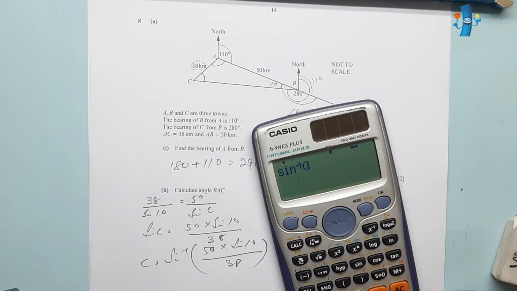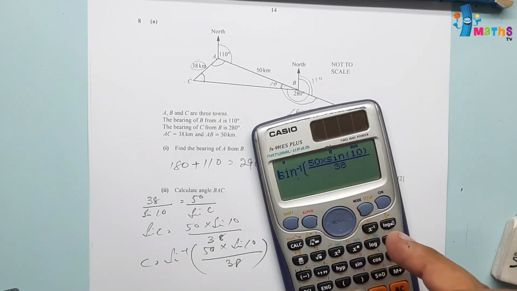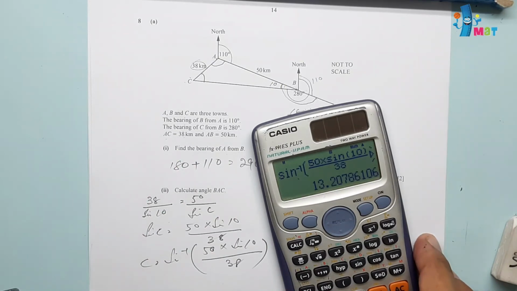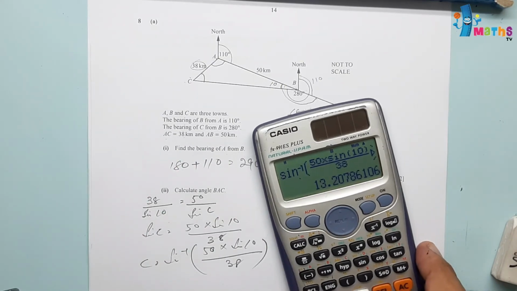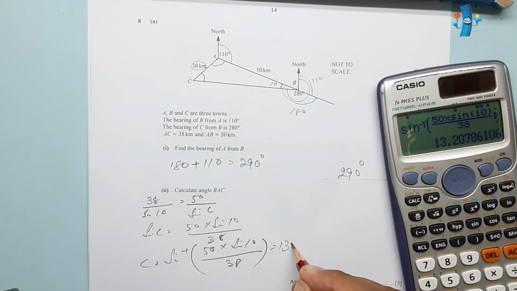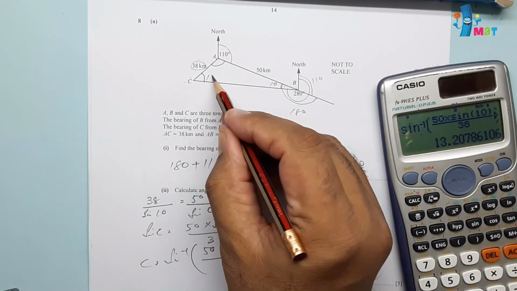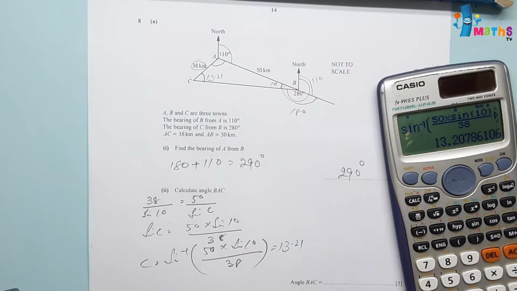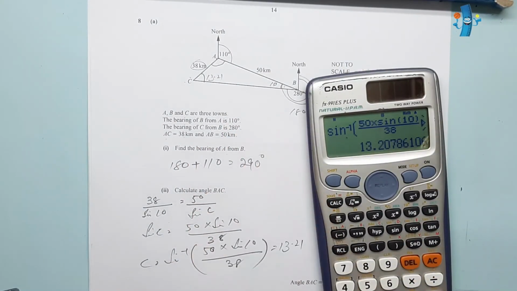We can use the calculator for calculations. Inverse sine of 50 into sine of 10 divided by 38, and the bracket will be closed, will be equal to 13.21. So 13.21 is this angle, and we can add 10 to this value, plus 10 will be equal to 23.21.